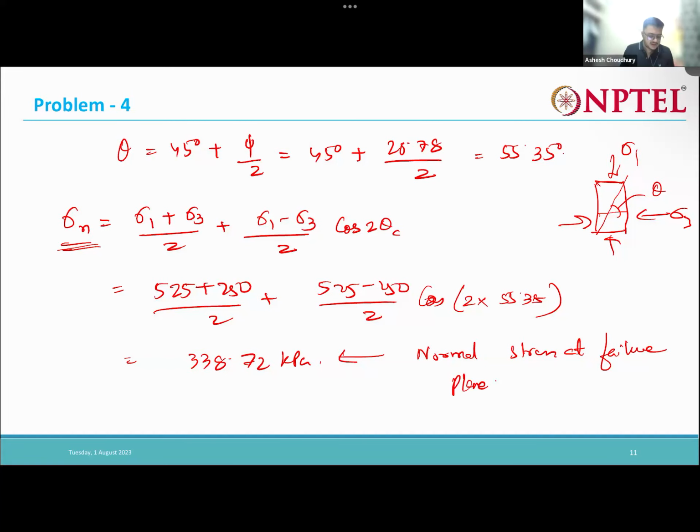Now what we need to find out is the maximum shear stress. Let us find out the maximum shear stress.